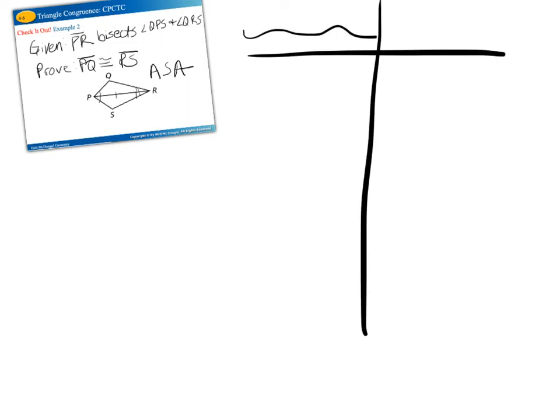So we've got our given. Again, write this out. Don't just draw the line. I'm going to first start off with my angle. Angle QPR is congruent to angle SPR.